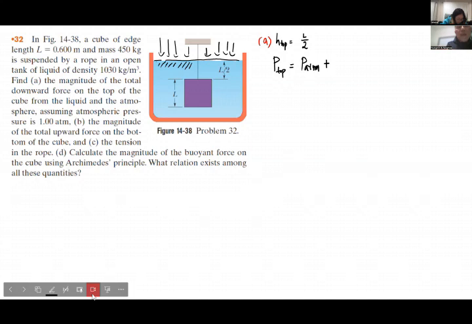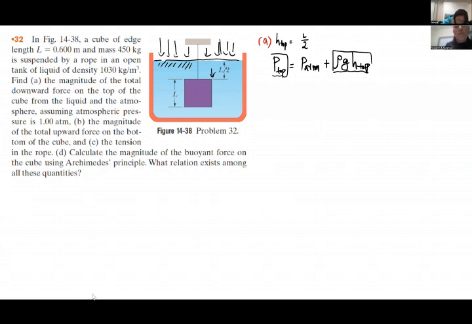That pressure should be added to the net pressure on this cube, because the pressure this cube experiences is a combination of the pressure from the water itself and the pressure from the air, as I already explained with the previous example. So that is the atmospheric pressure plus the pressure from water, which is rho g H top. You should be familiar with this concept now because we already went through this definition many times.